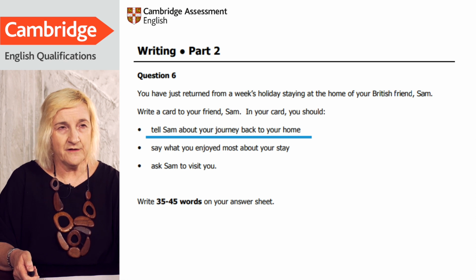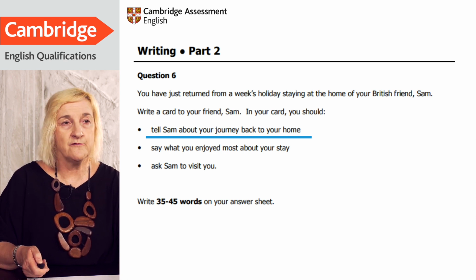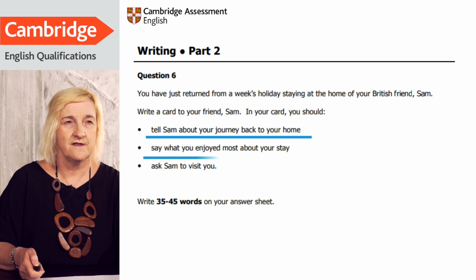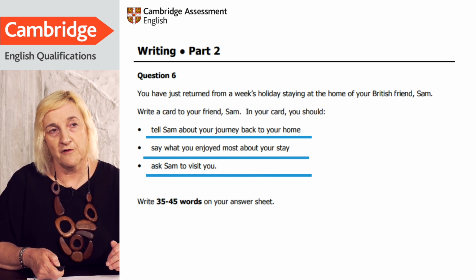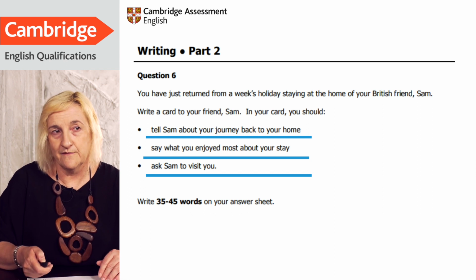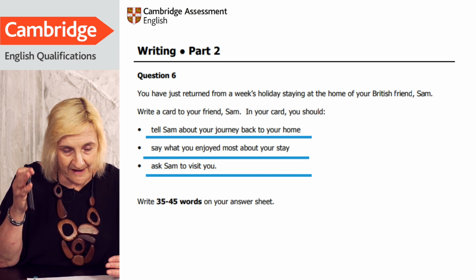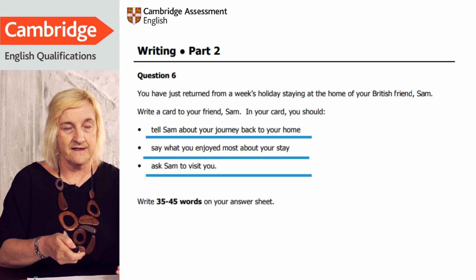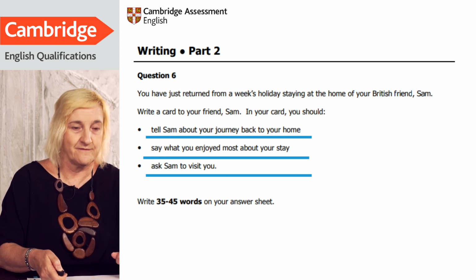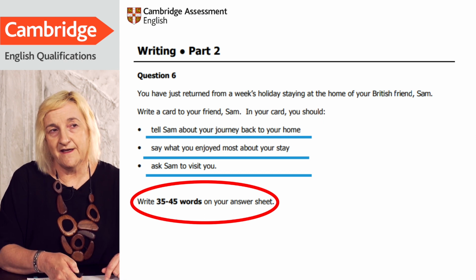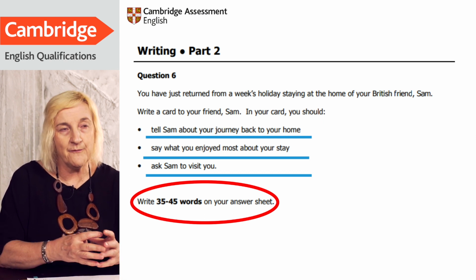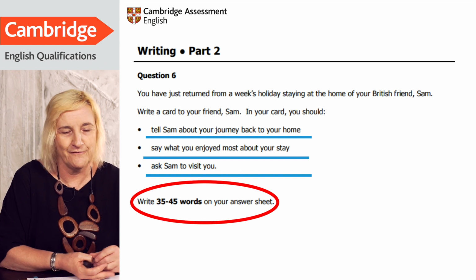You can see here how the question guides the student with the 3 parts. If students get used to looking at what's required in the question, that will help them think about planning their answer and making sure that they've answered the question. They also need to think about how big their writing should be, 35 to 45 words.